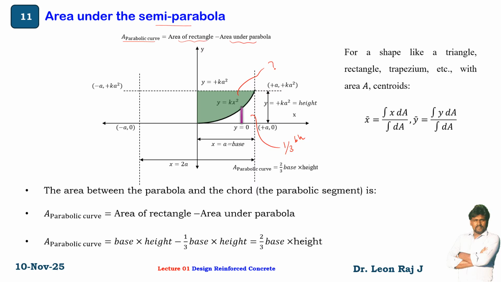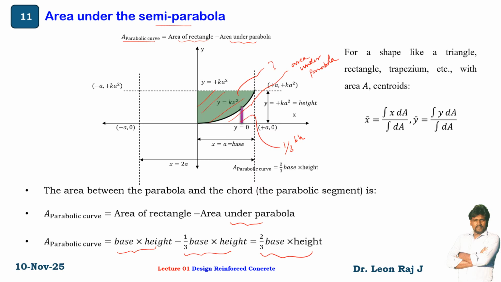This whole portion is the area of the rectangle, which is base into height. The area under the parabola is 1 by 3 base into height. Just subtract this, and you will get 2 by 3 base into height.